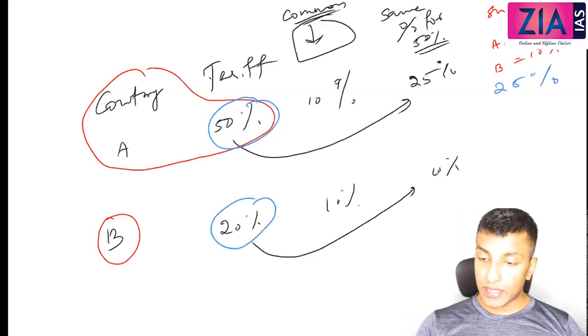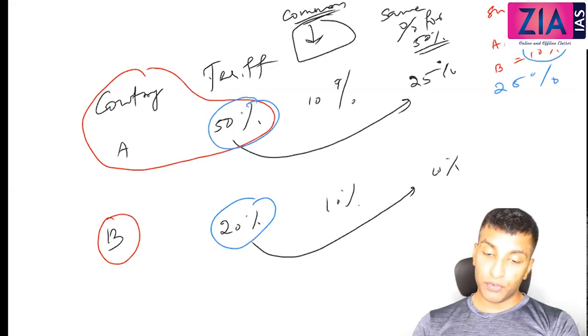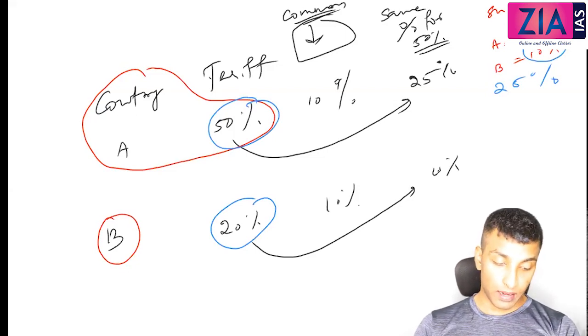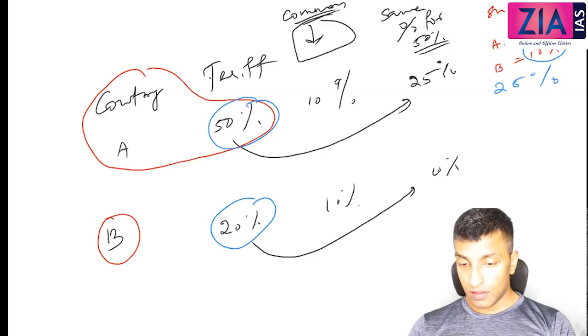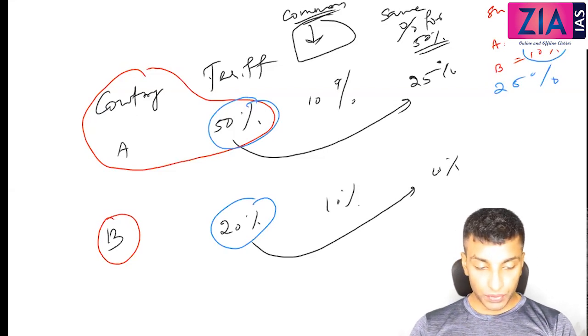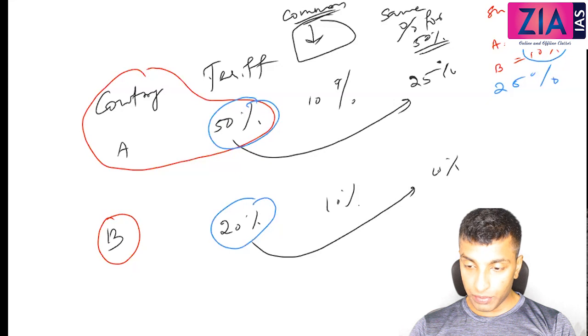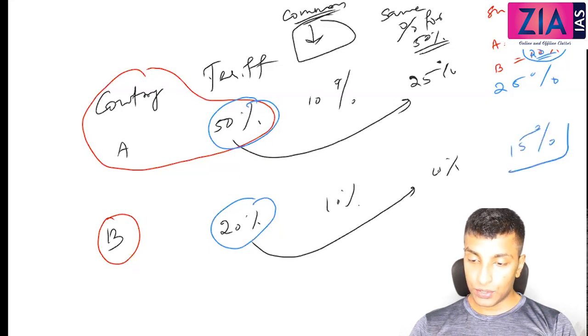For the 20% tariff, 25% of 20 is 5%. So it will be 15%. So this is what you mean by Swiss formula.